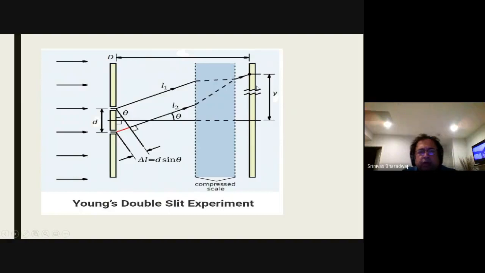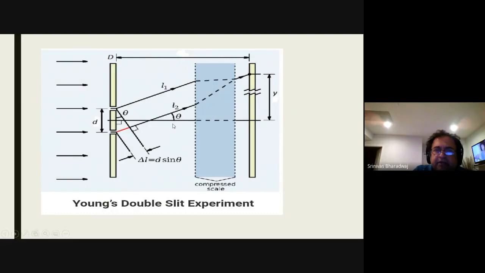Okay? So now, when do you see a bright band? You see a bright band when the difference between the lengths L1 and L2 is a number of wavelengths.